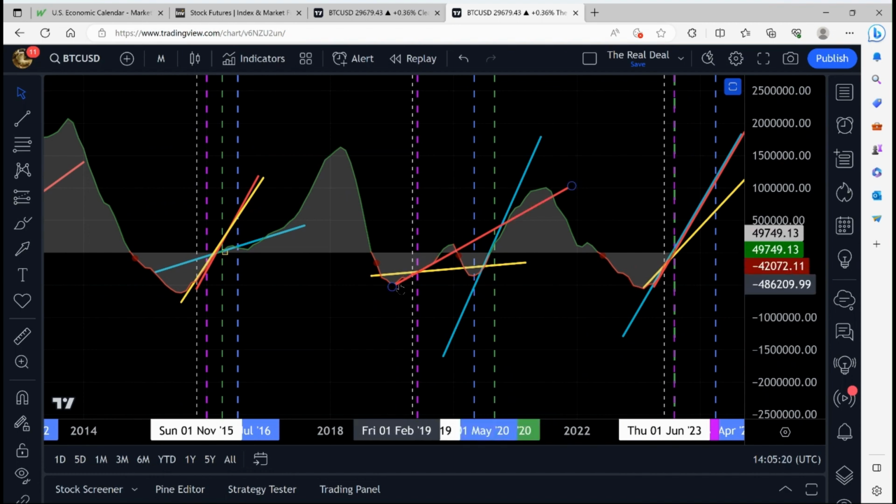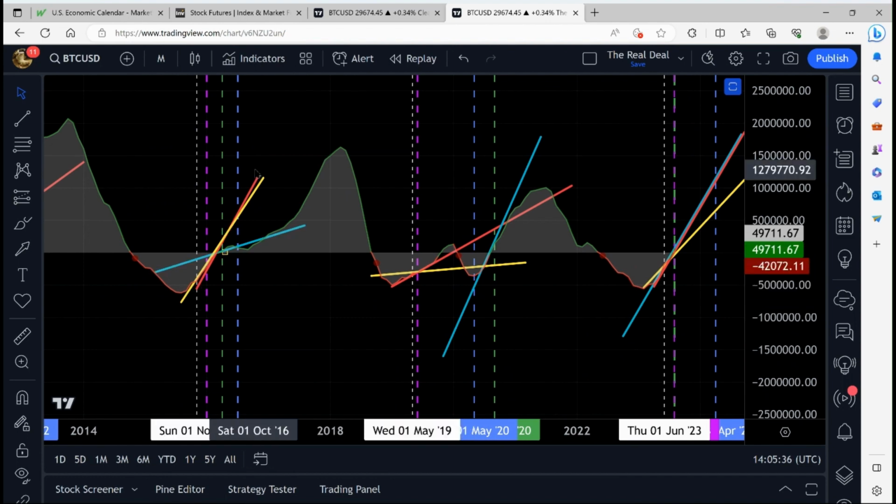And so the shallow slope of the red, where the accumulation distribution was taking place here in 2019, did not support the steep price increase, and so it didn't hold.